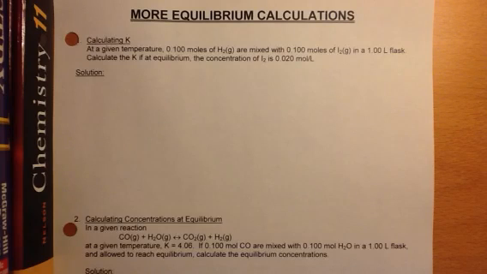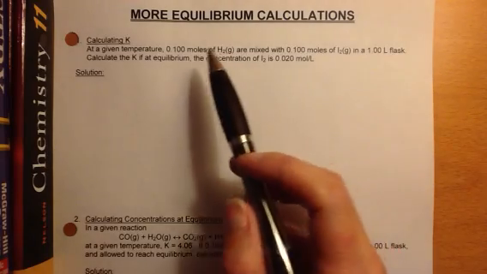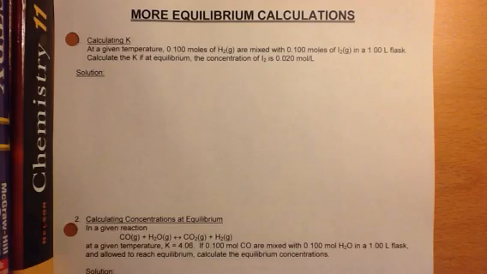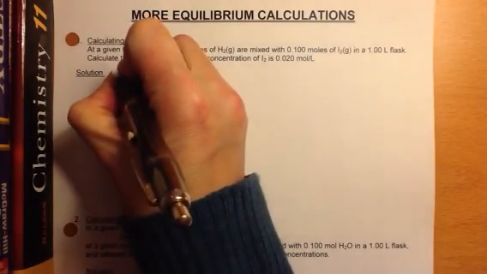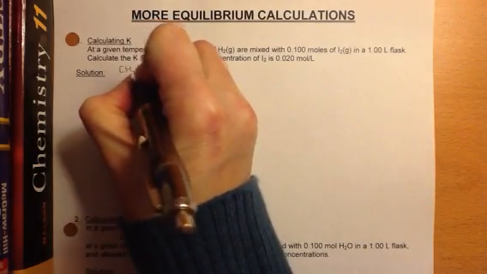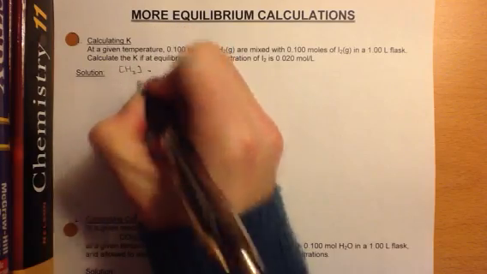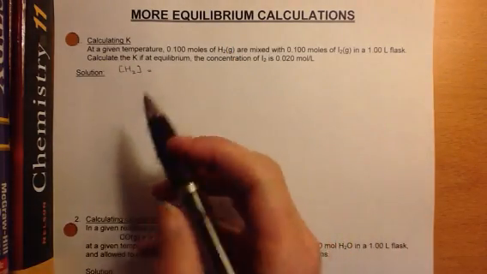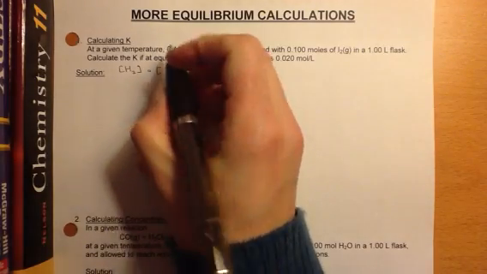We want to do an ice chart, but we remember that we cannot calculate anything in our ice chart unless we have it in concentration values. So let's start off with the hydrogen and the iodine concentrations because they're giving us moles in a certain amount of volume. So the concentration of the hydrogen is actually going to be equal to the concentration of the iodine because they're both at 0.1 mole per liter.